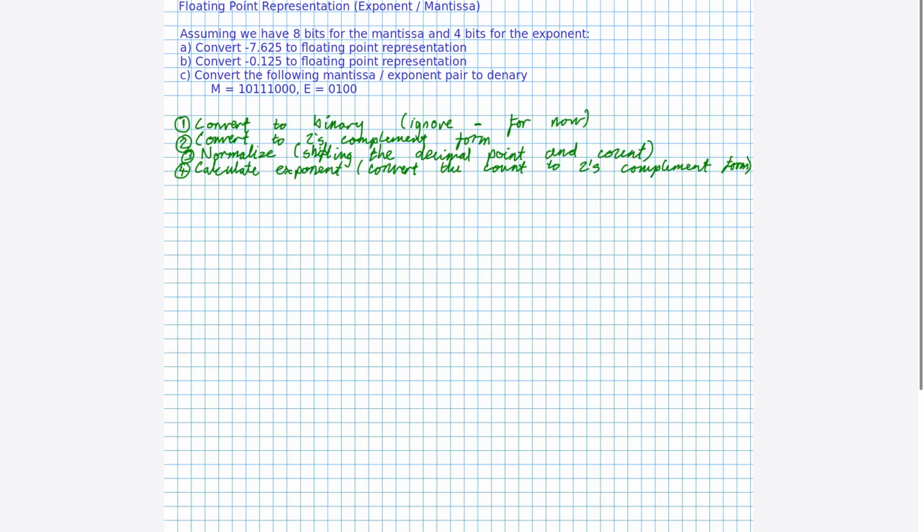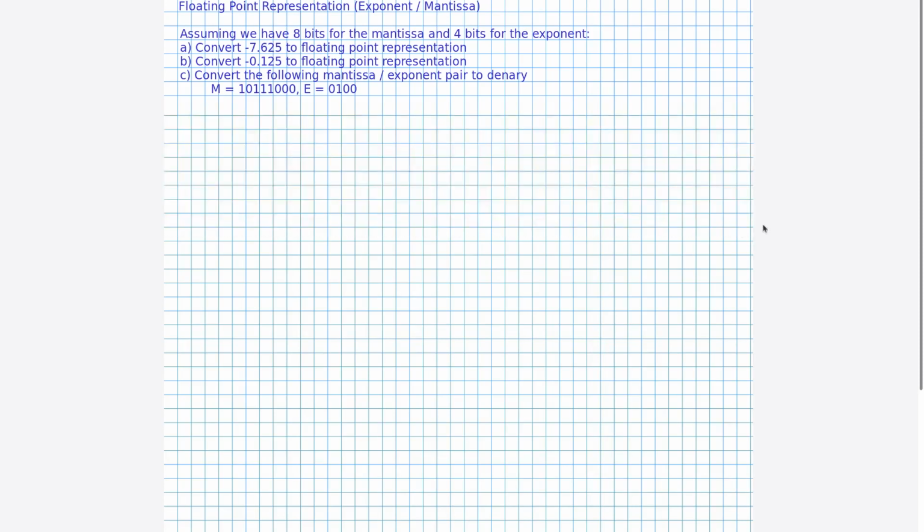First thing we do is we calculate E. Then that's step 1, step 2, write M including the decimal point.